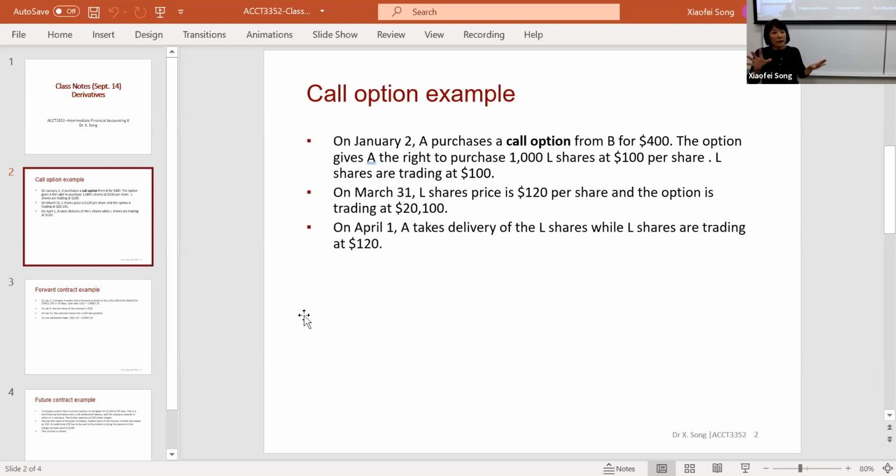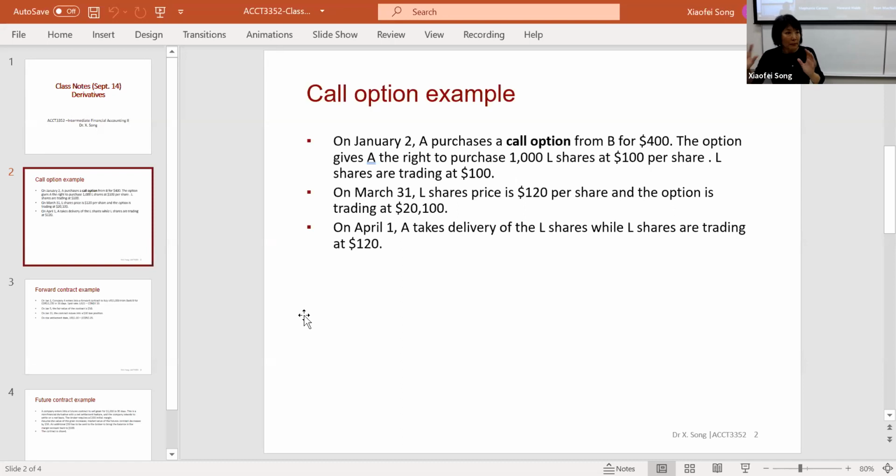Well, usually there are two groups of people that would need a derivative. You have speculators, who are not afraid of risk. They're willing to trade on the risk and profit that way. On the other side, companies use derivatives to manage risk.